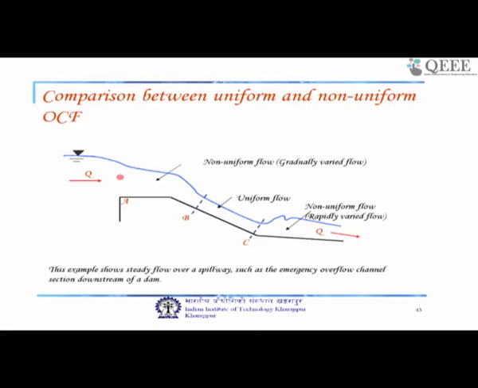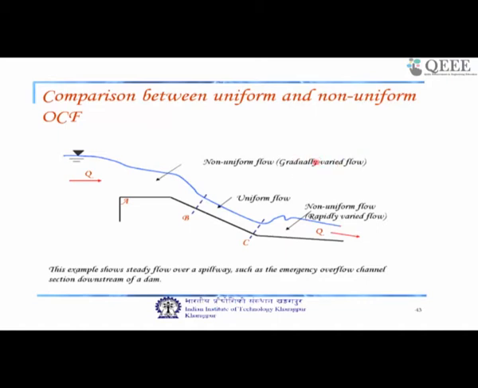Let us say you have some elevated hydraulic structure, flow over that, and initially you have discharge Q. So, you can see that there is non-uniformity or change in the velocity profile near to this plane section A to B, but B to C there is uniform flow. Again there is rapidly varying flow.